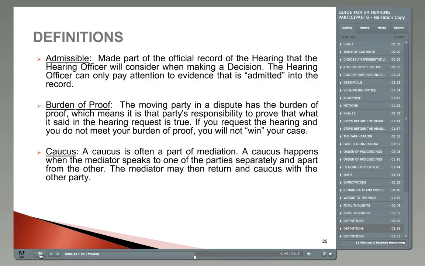You may not be involved directly at VR in a case like this, but there are times, for example, when there's a Medicaid fair hearing, and the agency has done a continuing disability review and has chosen to discontinue services.